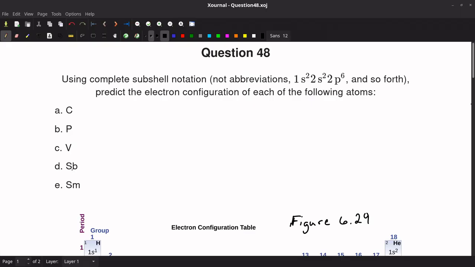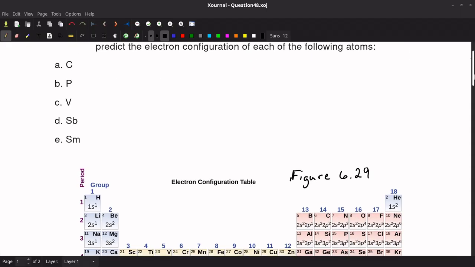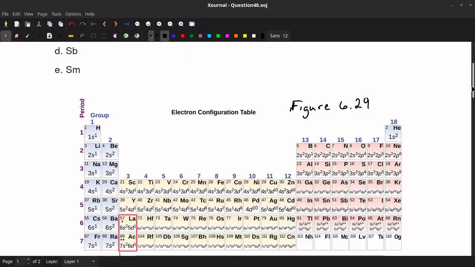Let's take a look at antimony here. Antimony is right here. It's a main group. We can see that at this point we've got some pretty small print down here, but I think we can make it out. So we're going to circle our antimony. We know we have to go up and over.